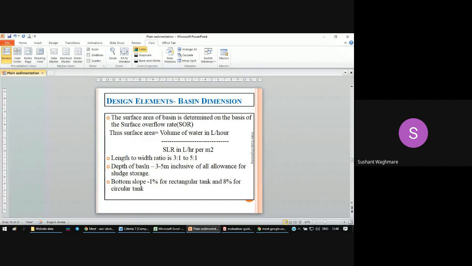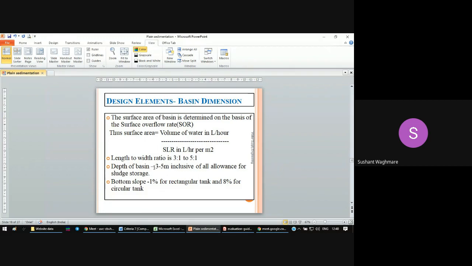So if I know how much water we are processing in an hour, and if I know the surface loading rate, then I can calculate the surface area of the tank. Once the surface area is known, we take the length to width ratio between 3:1 to 5:1.